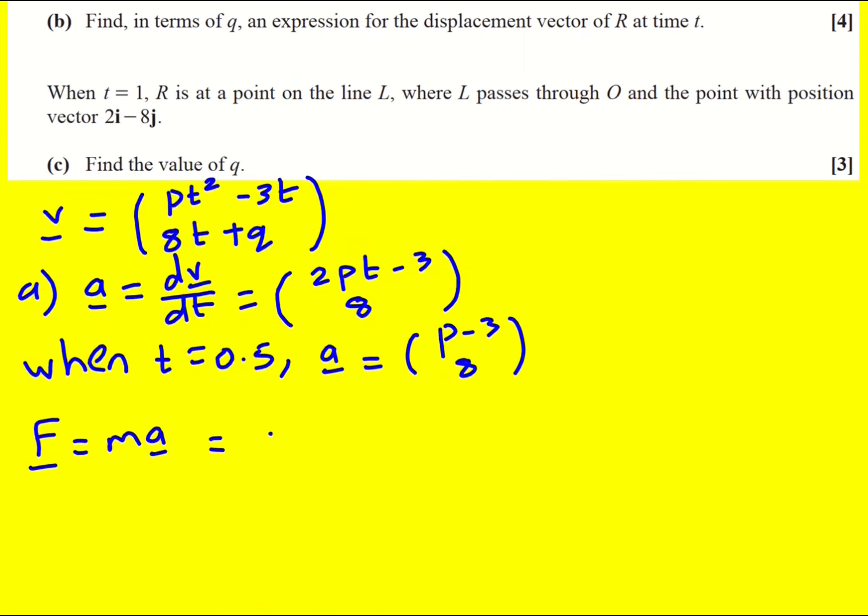So for us, it's going to be mass 2 times p minus 3, 8. We're just multiplying a vector by a scalar. It's going to be 2p minus, I could put it in brackets, but I'm just going to multiply it. 2p minus 6 and 16.